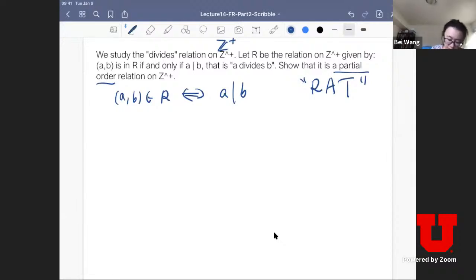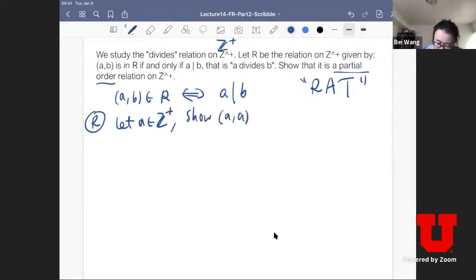Okay, so let's see if it's reflexive. Remember reflexive, I'm going to start with an element A that is a positive integer. And we want to show AA is in this relation.